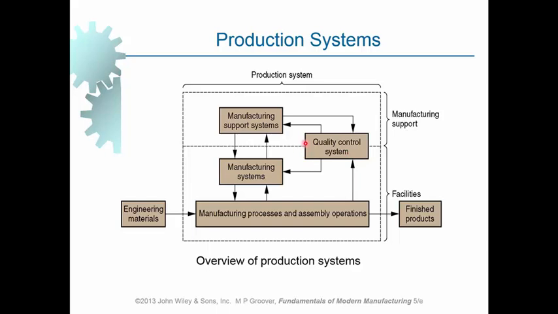And also the quality control system will take the input from the production line in order to correct or modify the manufacturing system and the manufacturing support systems that are used in order to support manufacturing systems. Some typical applications in manufacturing support systems include production planning and control.